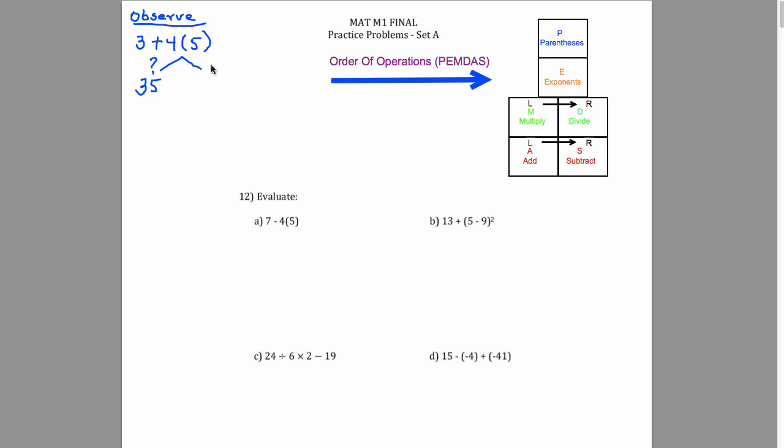It's also reasonable to say I'm not only adding 4 to a number, in this case 3, but I'm also multiplying 4 by a number, in this case 5. So let's do that first. Let's multiply 4 times 5 to get 20, and to that add 3 to get 23.